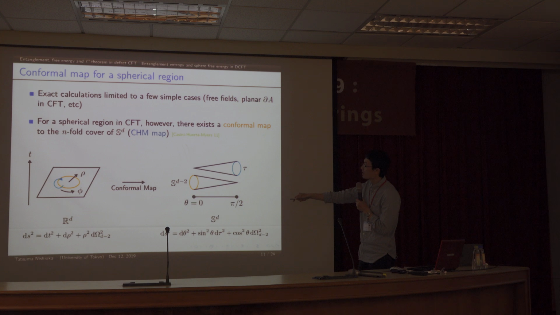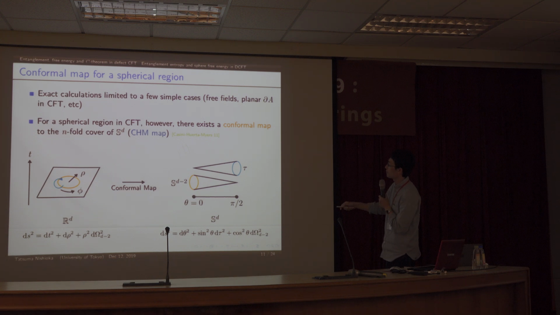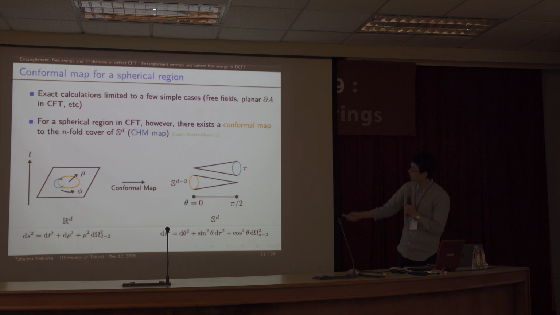This blue curve has linking number 1 with the orange curve, and it is now mapped to another circle, which I parameterize by tau. This is a highly non-trivial map, but once you map the n-fold cover of flat space using the CHM map to the sphere, it's actually very easy to realize the n-fold cover. You just scale the periodicity of tau from 2 pi to 2 pi n.